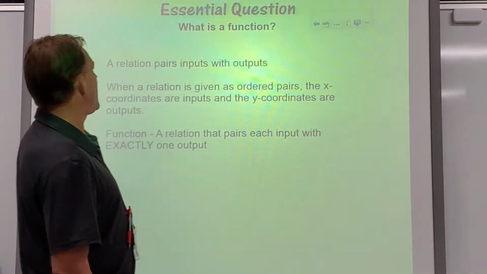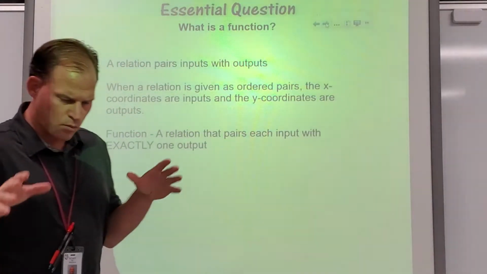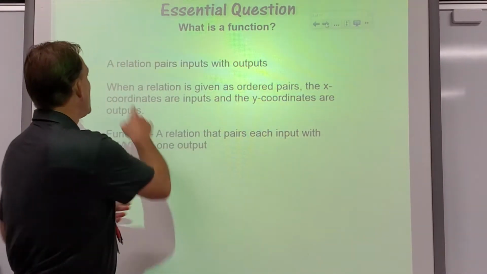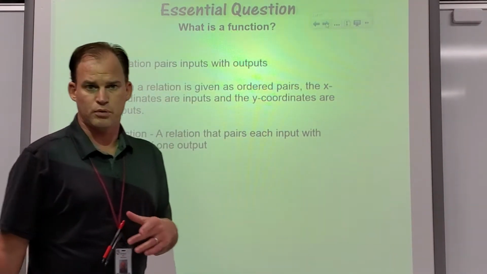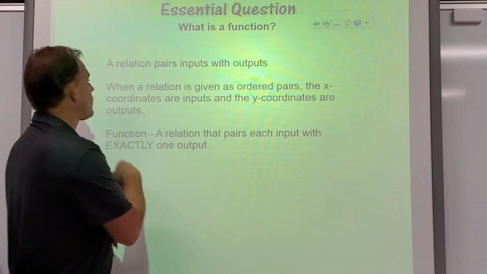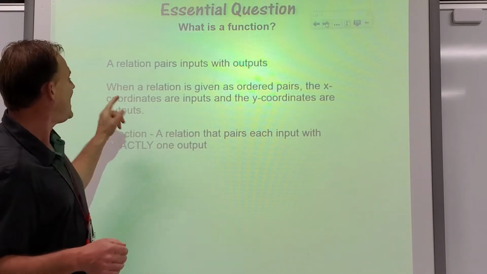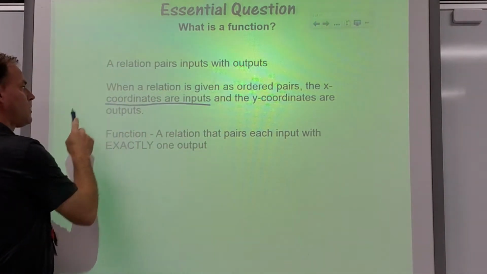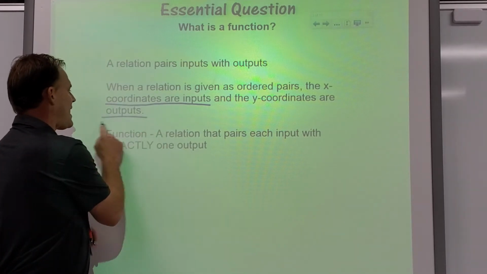So, the essential question: like I said, we are going to be graphing linear functions, so the question is, what is a function? A function pairs inputs with outputs. Information in, information out. When a relation is given as ordered pairs, the x-coordinates are inputs, and the y-coordinates are outputs.